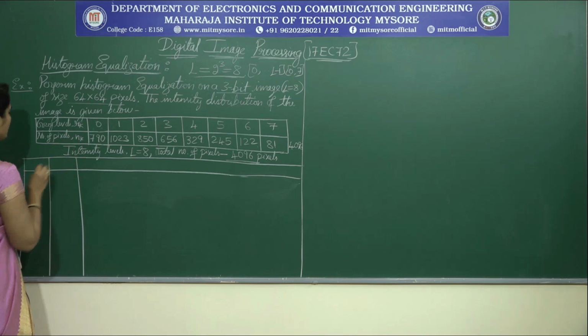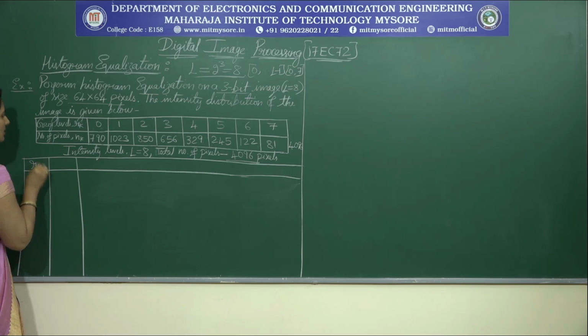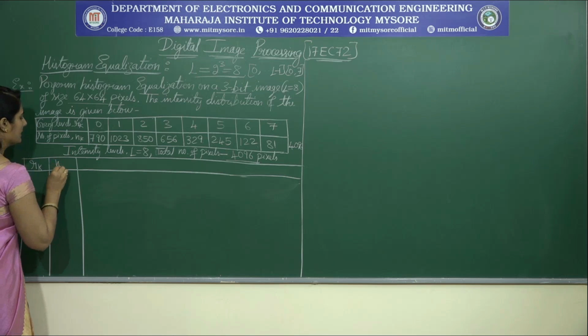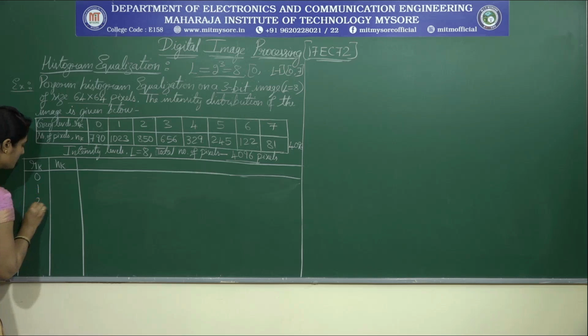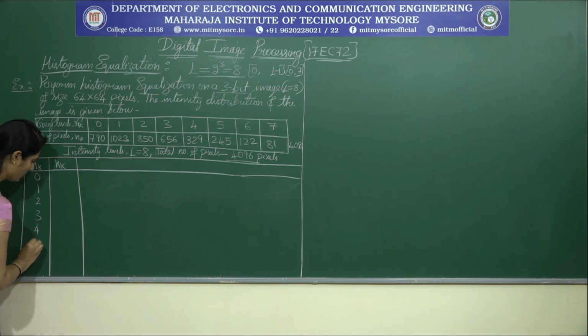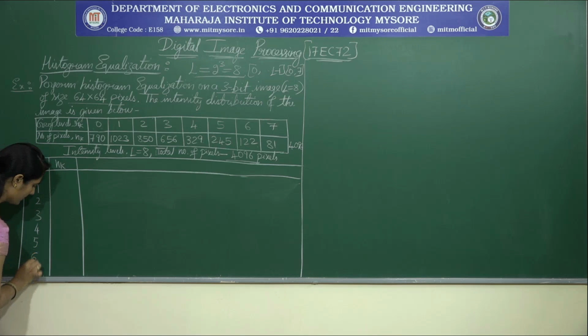Here r_k is the gray level, and n_k, the number of pixels having that particular gray level, is given. Let me copy the same: 0, 1, 2, 3, 4, 5, 6, 7.